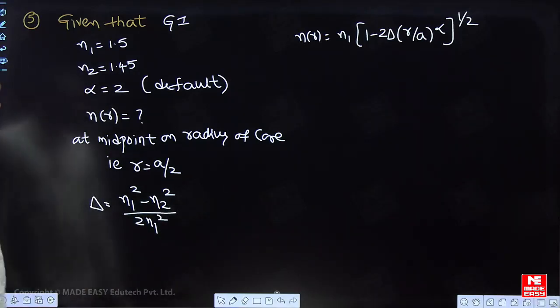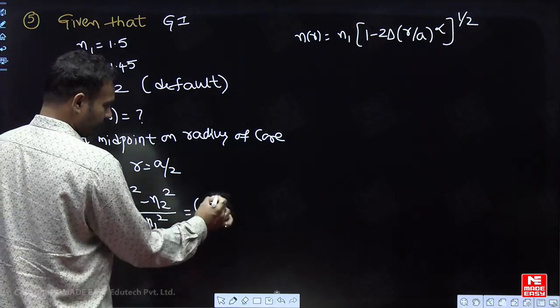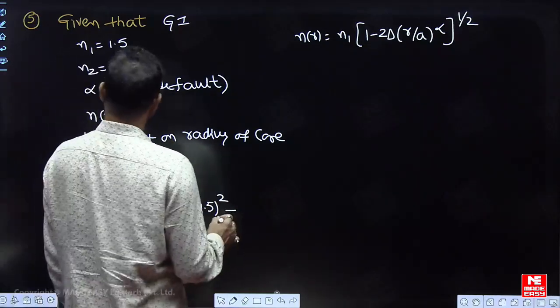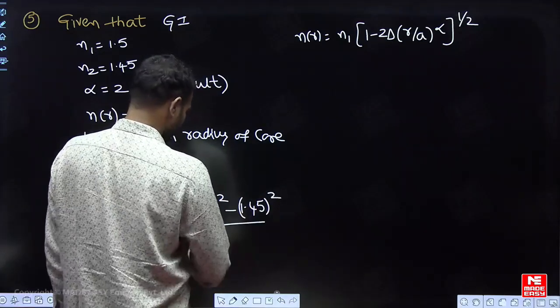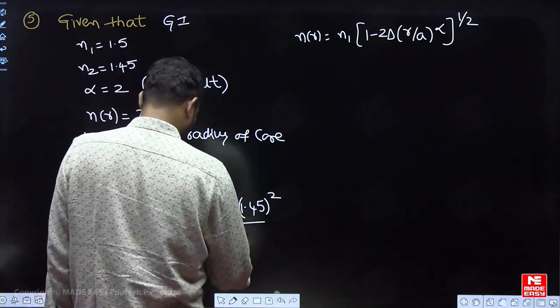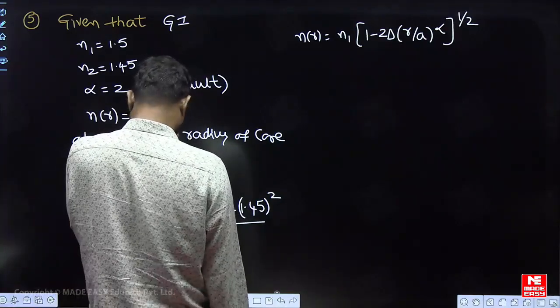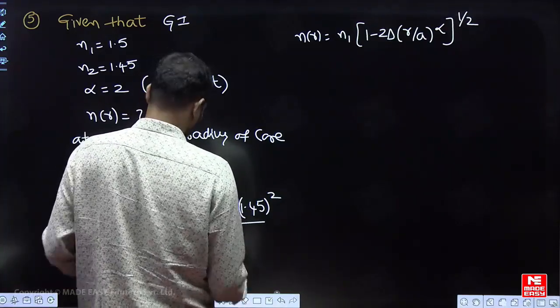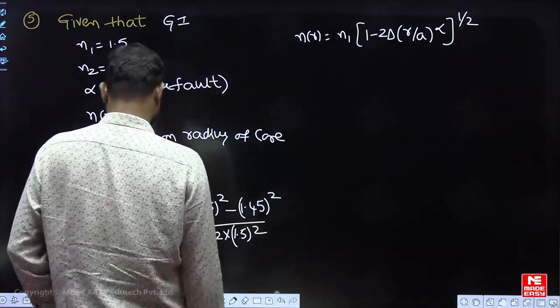This value is equal to 1.5 whole square minus 1.45 whole square, whole divided by 2 into n1 square, where n1 is 1.5 whole square.